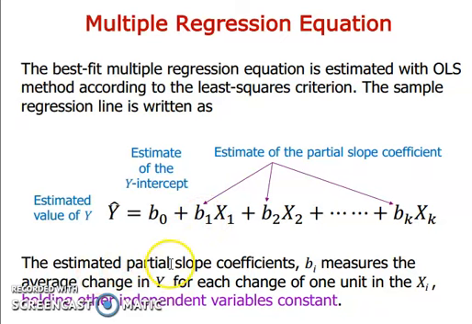The estimated partial slope coefficient beta i measures the average change in y for each change of 1 unit in x, holding other independent variables constant. So the definition is the same, only that it adds a few words here, which is a new term, holding other independent variables constant, or ceteris paribus.